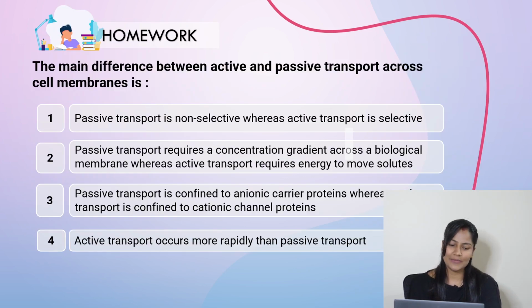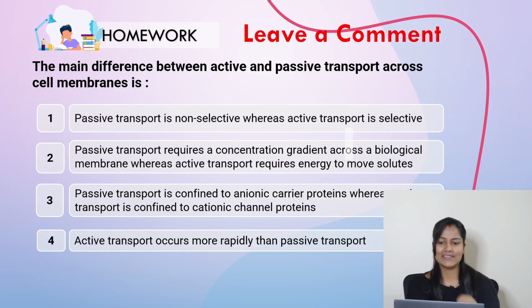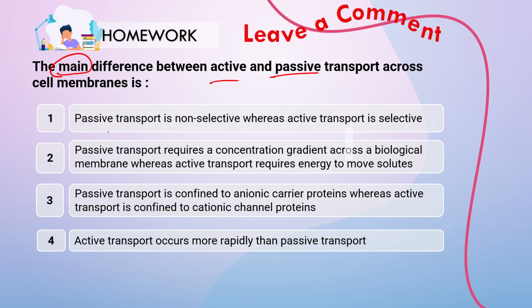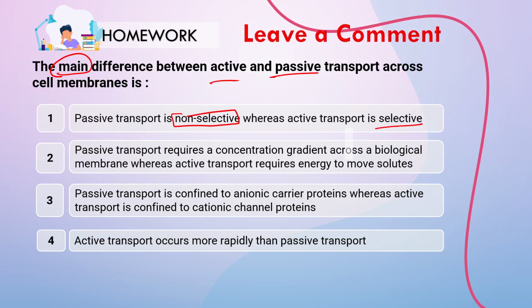With this kids, coming to your homework question: the main difference between the active and the passive transport across the cell membrane. The first option says passive transport is non-selective, whereas active transport is selective.